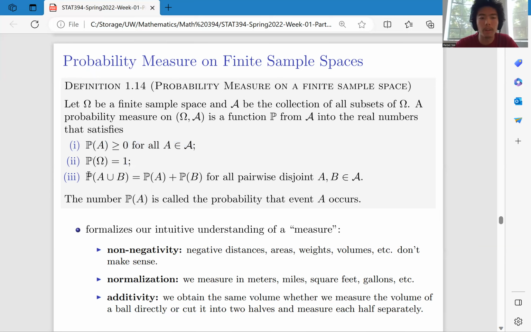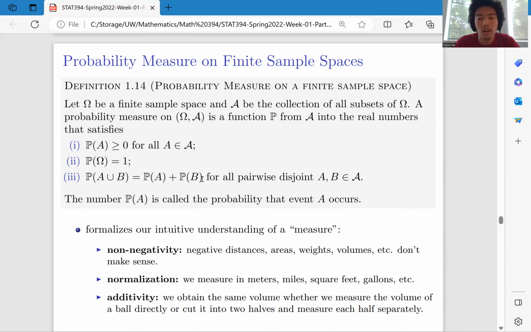The third property is that if events are pairwise disjoint, which means the sets have no overlap with each other, then the probability of the union of those sets is the same as the sum of the probabilities of each event.